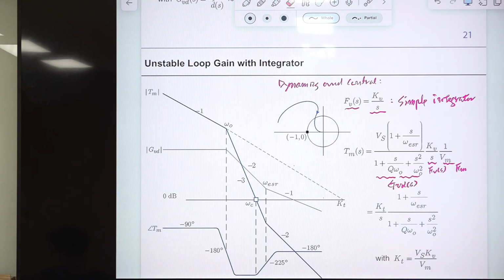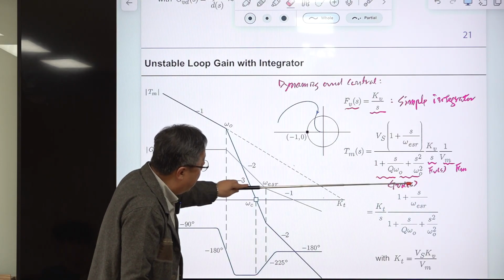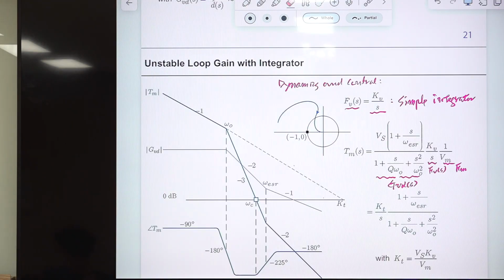Okay, with this simple integrator, this is the expression for the loop gain. And there are 3 constants here. This one is a constant, and this one is a constant, and this one is a constant. You combine all constants together here and use this as a new integrator gain.